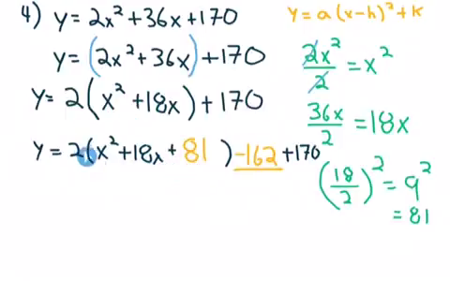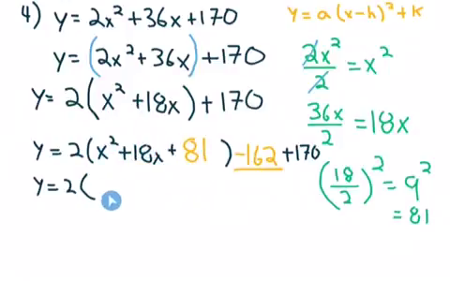So here in parentheses we have a perfect square trinomial. That is, we added 81 to complete the square, so now we can factor it using that trick that I taught you. So we know that this is y is equal to 2, and we know that this part in parentheses is always going to have a general form whenever it's a perfect square, which it is now. Now that we've added the 81, this is a perfect square.